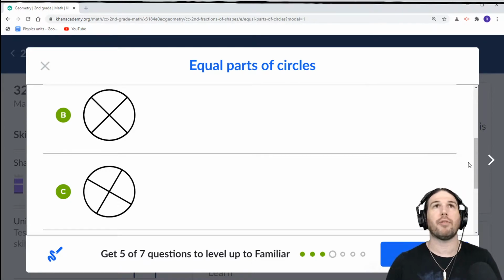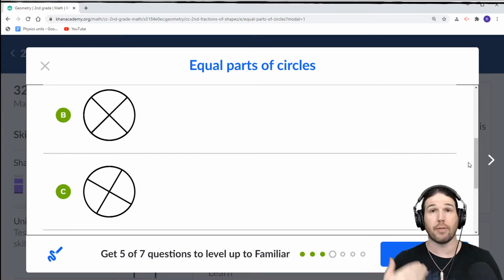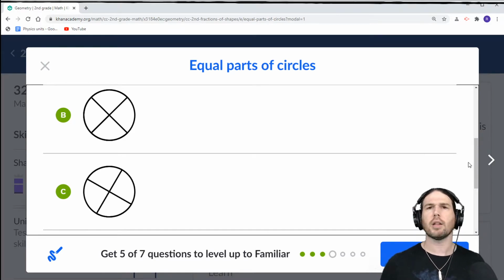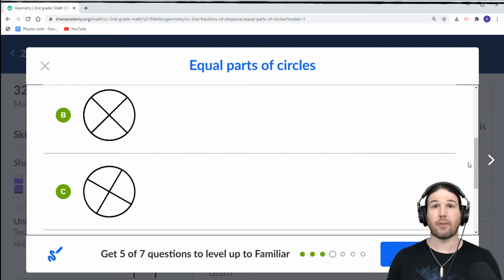We're talking about the concept of halves and thirds and fourths as sections of a whole. And it's very important to hold on to that because it will make fractions a whole lot less scary on down the line. When we start actually adding and subtracting and multiplying and dividing fractions in 4th and 5th grade, a lot of people hit that wall and they decide that math is not for them because fractions are too hard.